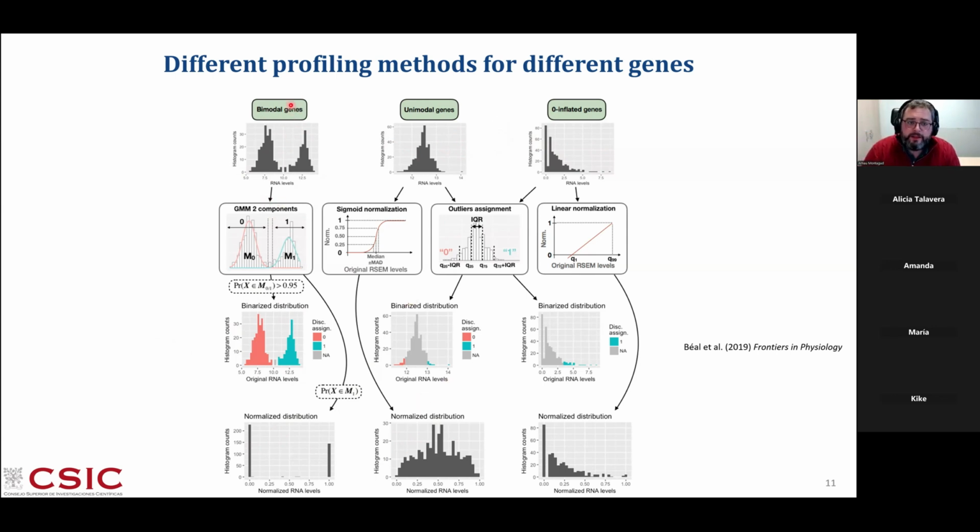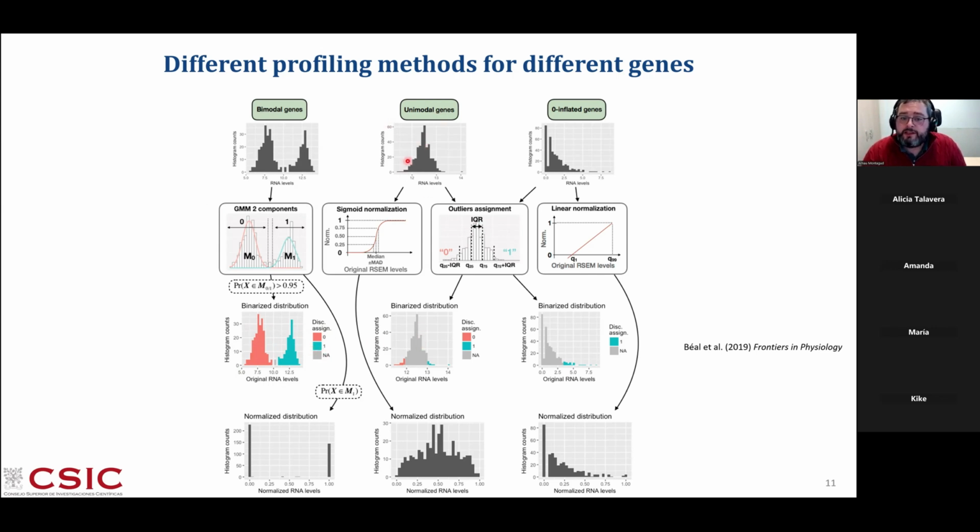For the bimodal genes, in order to have this binarized distribution, we used a GMM with 2 components, in which we try to decompose the bimodal distribution into two Gaussians, so that all the patients that have values in here will be assigned a 0 for these genes, and all the patients that have values here will be assigned a 1.